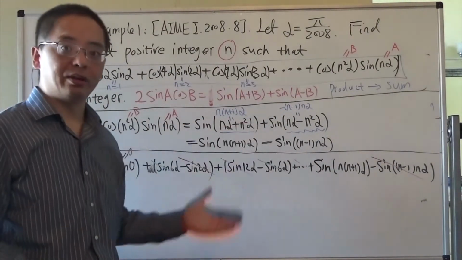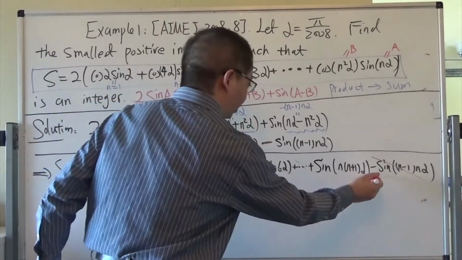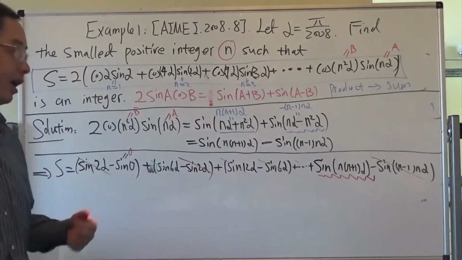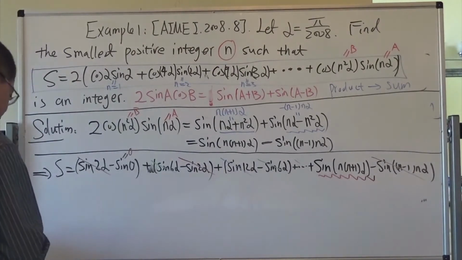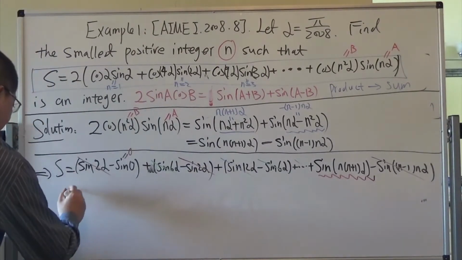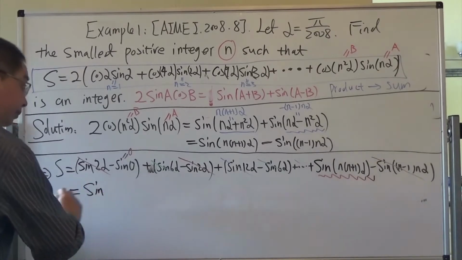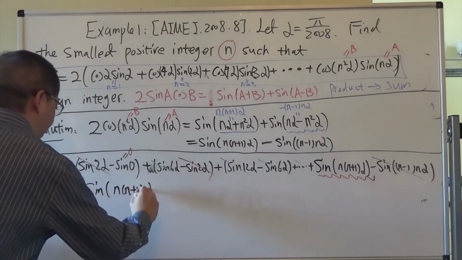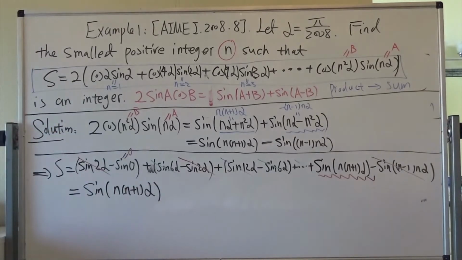So eventually, what survives is the final term, sine of n times n plus 1 alpha. As a conclusion, we get S equals sine of n times n plus 1 alpha.